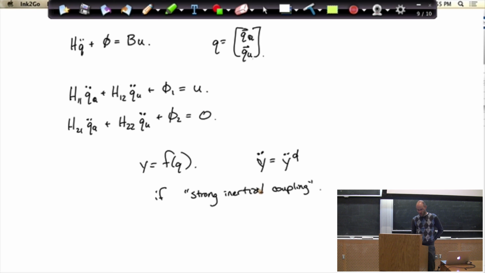And the strong inertial coupling is actually a very simple rank condition on a matrix, which is a function of h1, h2, and the gradients of f. And that's in the notes, and I would have done it here if I'd had time.